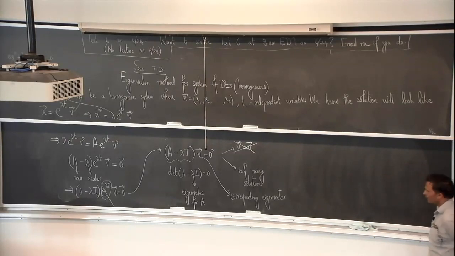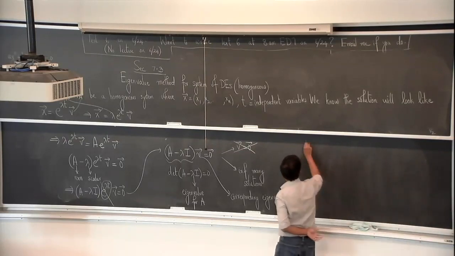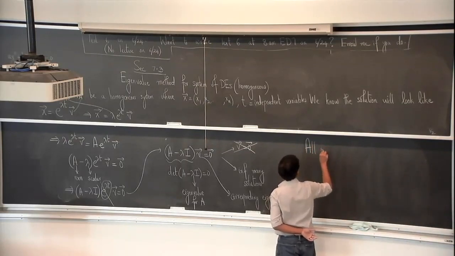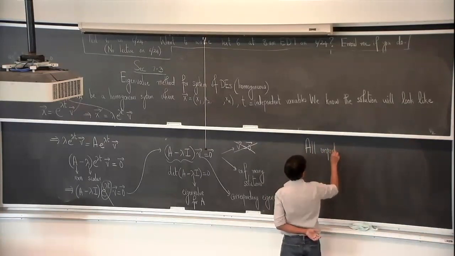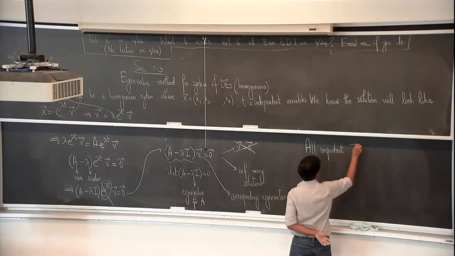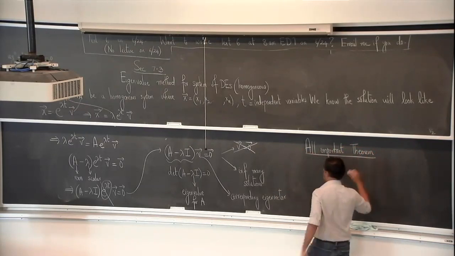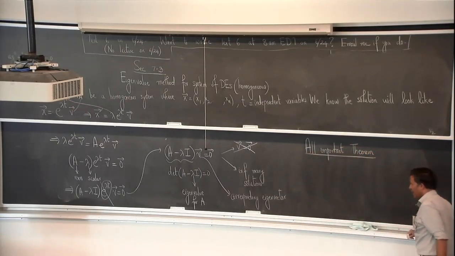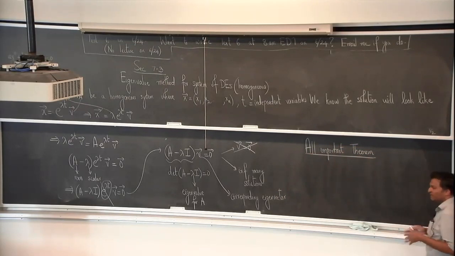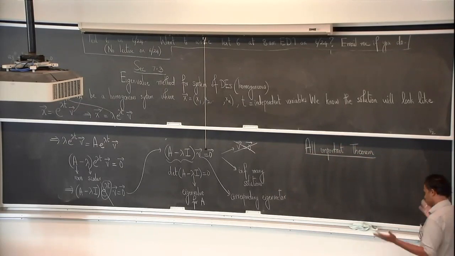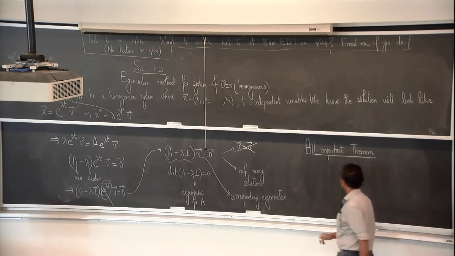Okay, so now let's write our all important theorem. Especially when the eigenvalues are real, life is super easy. When they are imaginary, you have to do a little bit of work, but still life is easy.